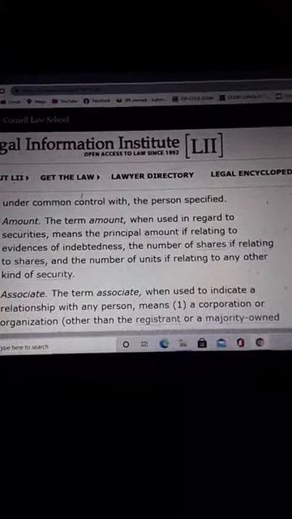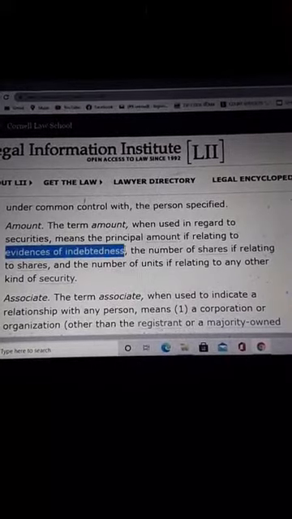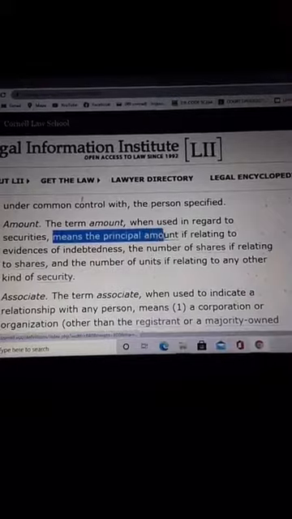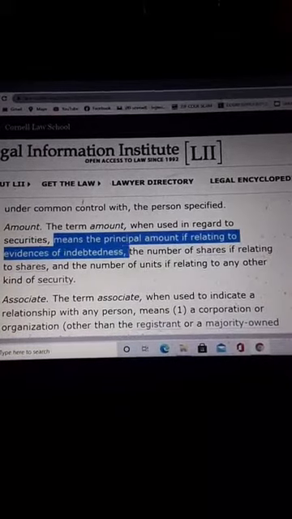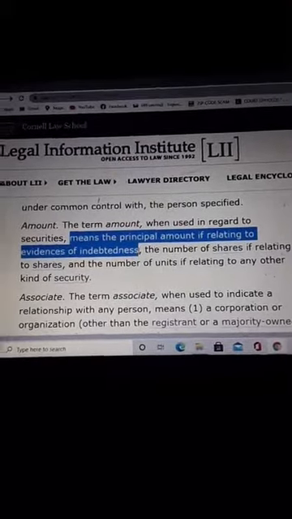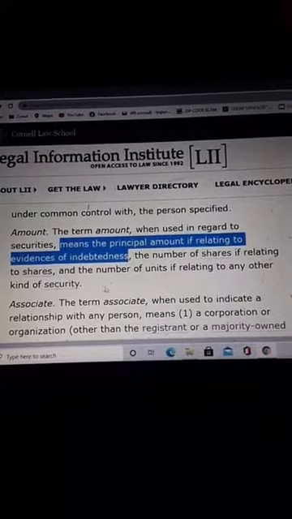Every last bit of it. If relating to evidences of indebtedness, means the principal amount if relating to evidences of indebtedness. That certificate of live birth is an evidence of indebtedness that can be securitized.